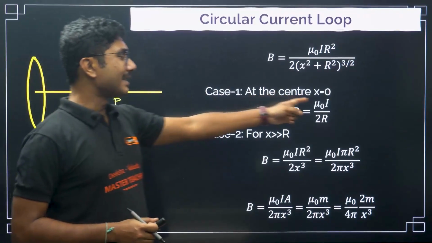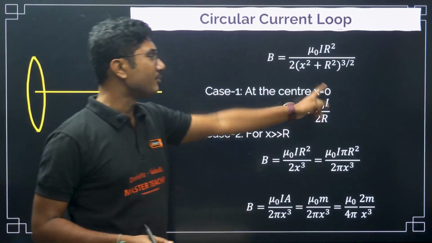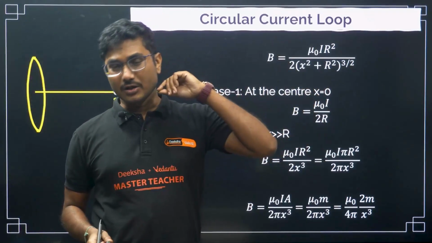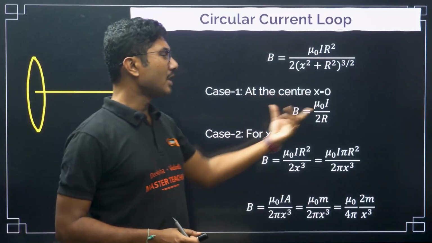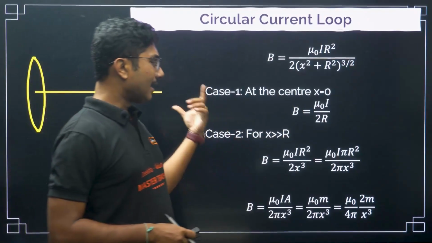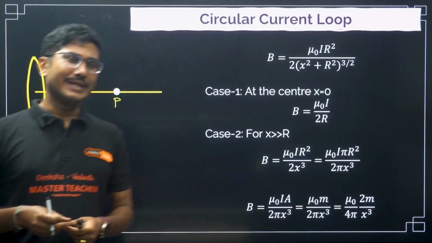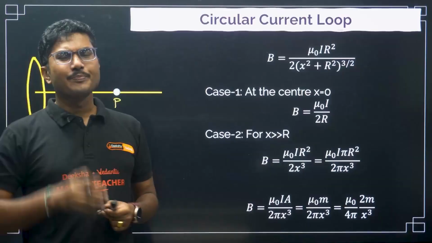Now at the center this can be simplified. Based on this formula you might face small numerical questions, so you have to remember this formula. Now this is a special case from where you can show that the current carrying wire behaves as a magnetic dipole. There was a question on this, it came only once I think in the past.